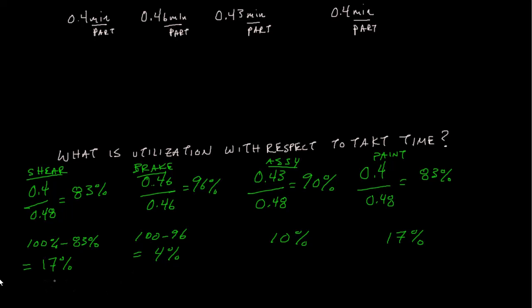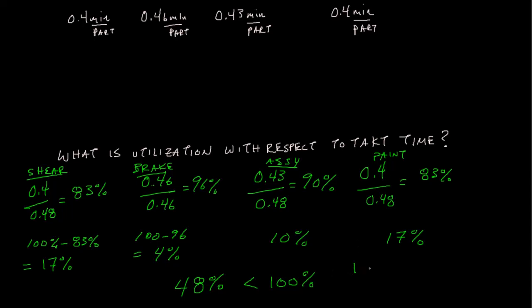So 17 plus 4 is 21, 21 plus 10 is 31, and then 31 plus 17 is 48. So there's 48% of the time, I guess there's this amount of time not being used. And so this is less than 100%.